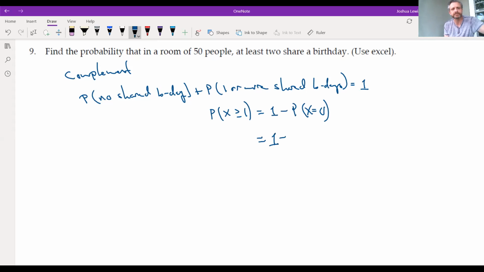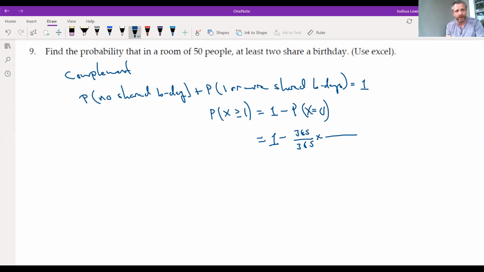Now, no birthdays being shared. Picture going around a room of 50 people. The first person has 365 days to choose from. And any one of those is fine. Now, the next person. So to have no shared birthdays means this person and the next person and the next and the next and the next all have different birthdays. So the first person has set a day.